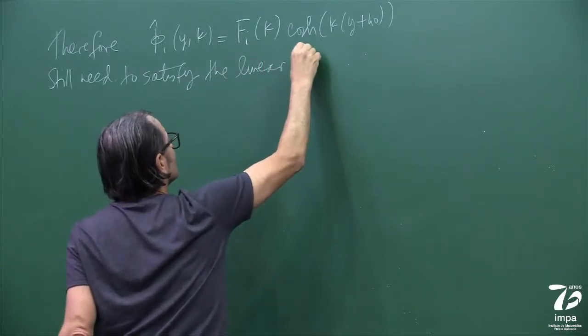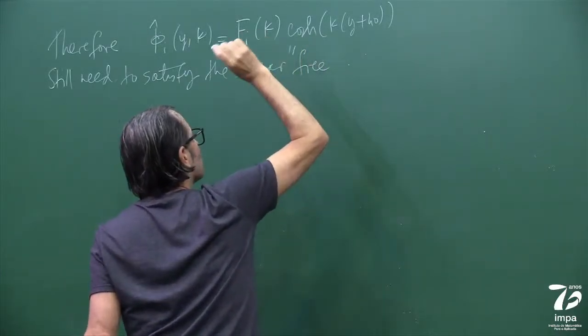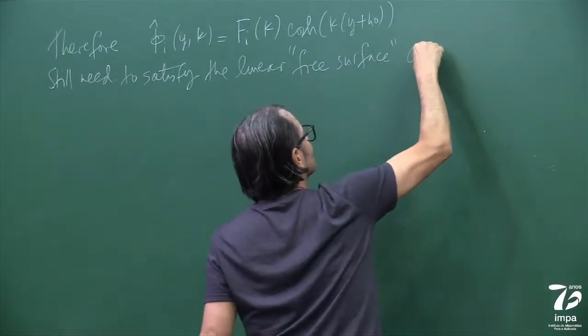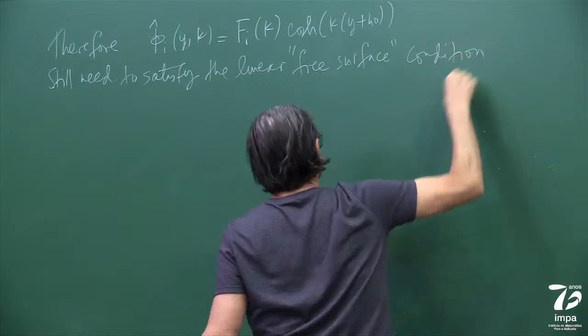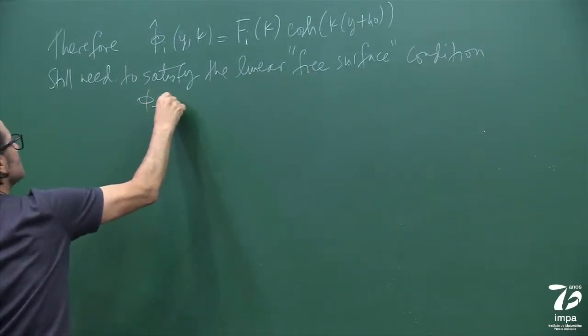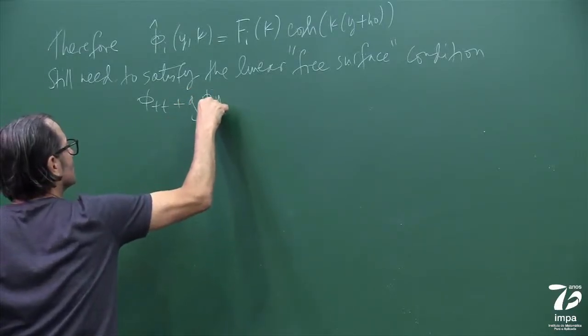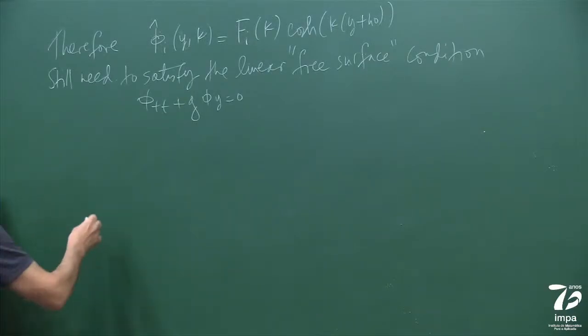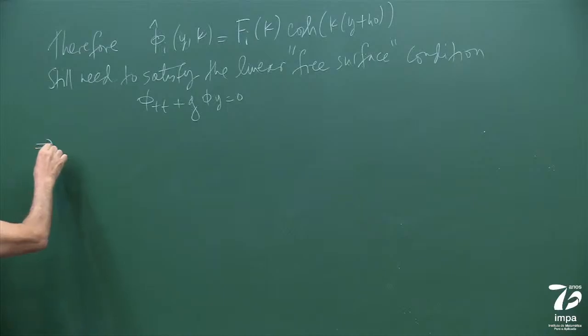what we call the linear, quote unquote, free surface condition, because it's not really a free surface, but anyway, we call it the free surface condition. Phi tt plus g, which is the gravity constant, equal to 0. And this will give us the following.